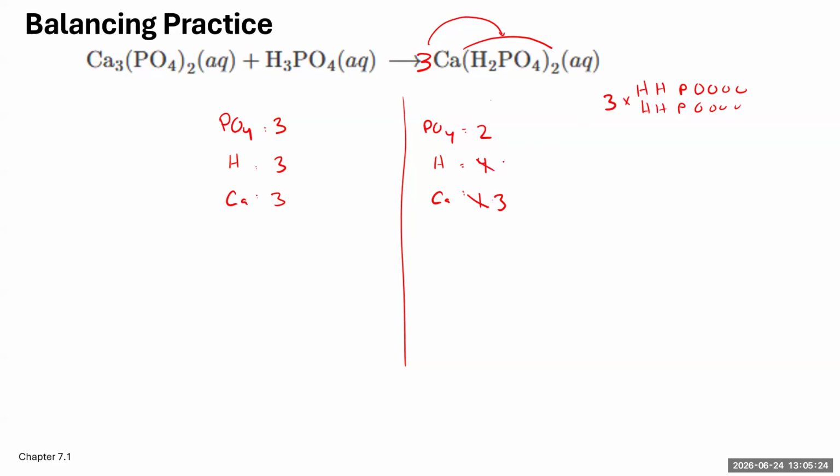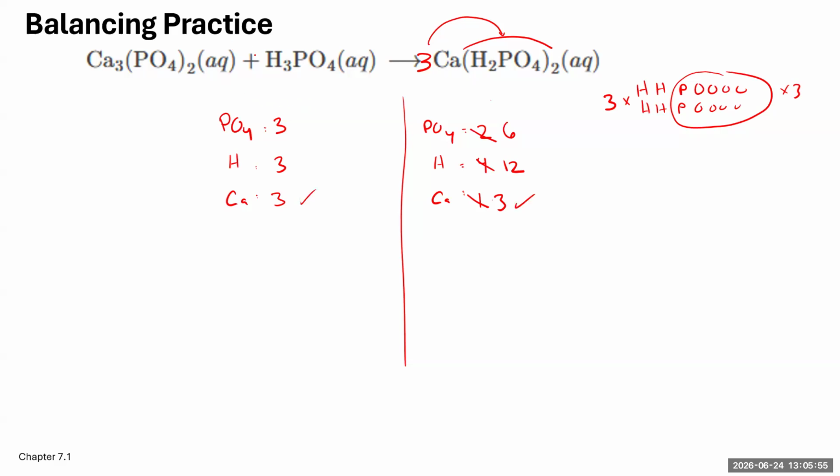Now we have 12 hydrogens, right? And we have 2 phosphates, but we need to multiply that by 3. So then we have 6 phosphates. Okay, now calcium's balanced. We need to balance this stuff over here.